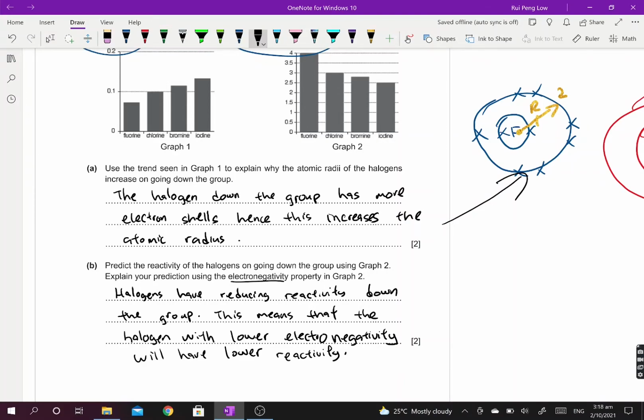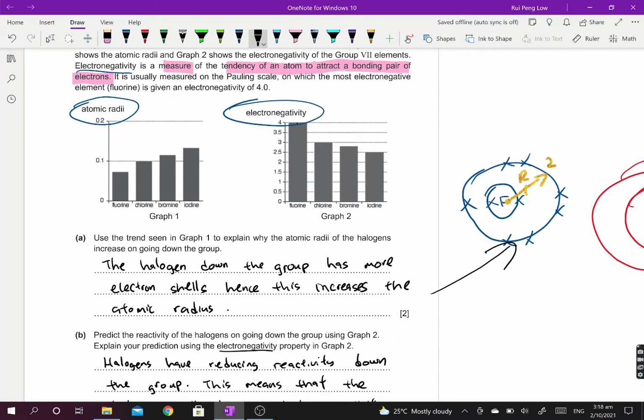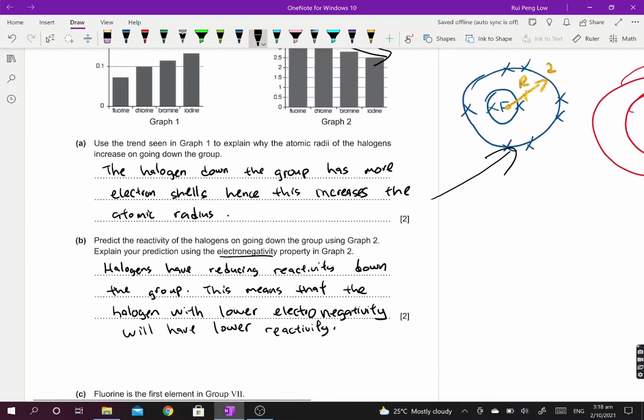Okay, so that's the relationship. Can you see? As you go down the group, the electronegativity decreases, and at the same time, we know that the reactivity also decreases. Now, why is that so?